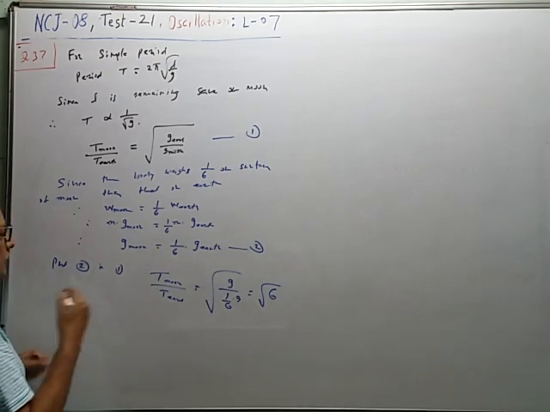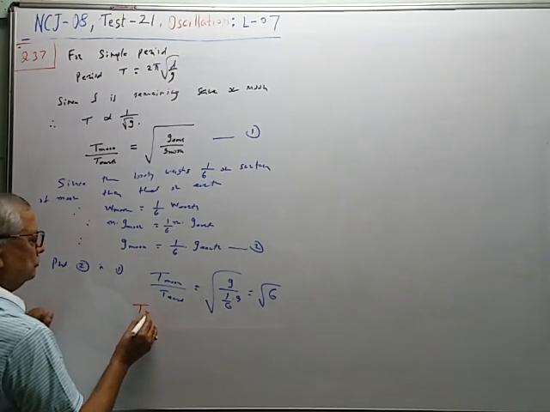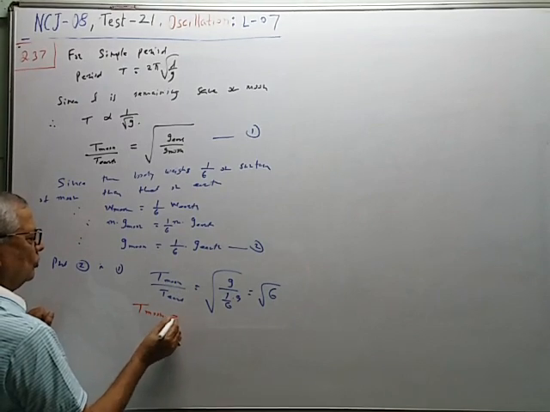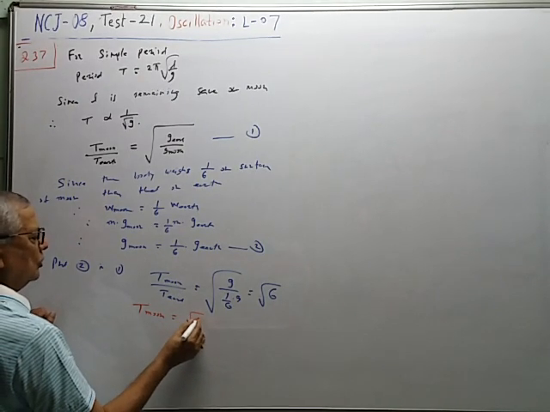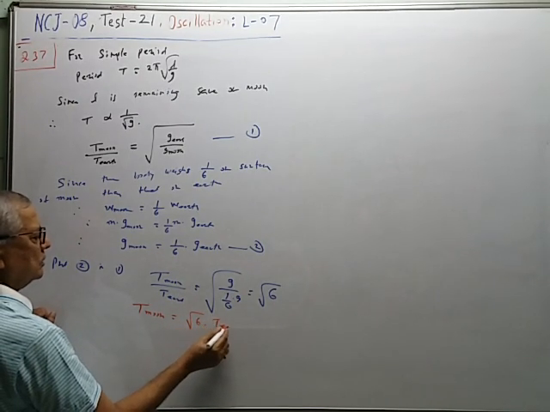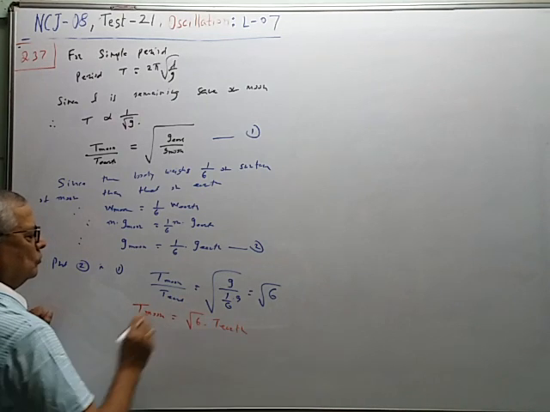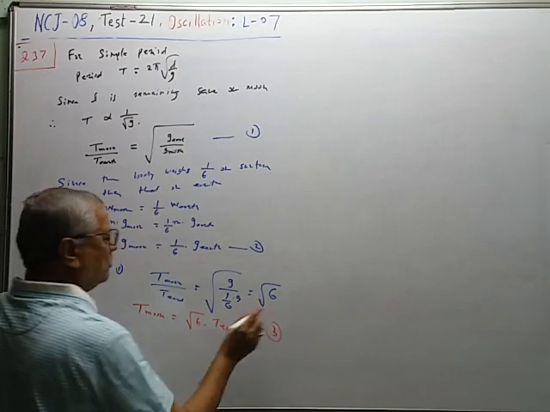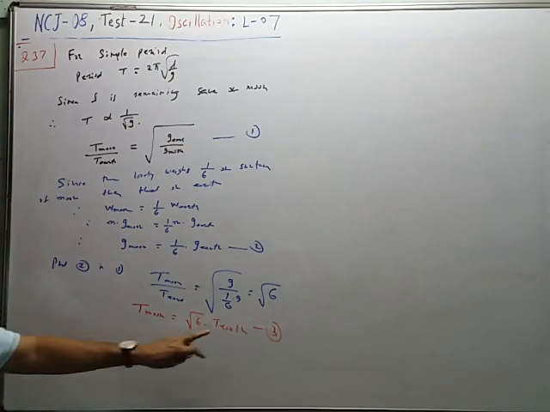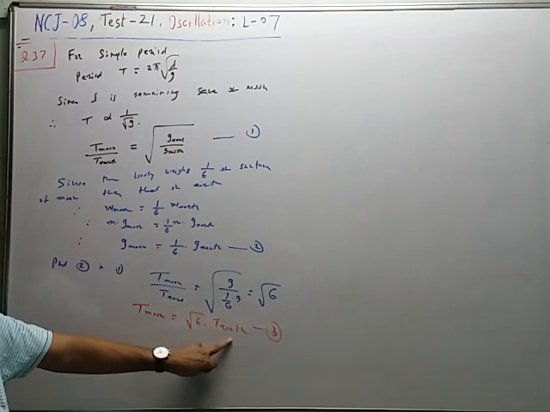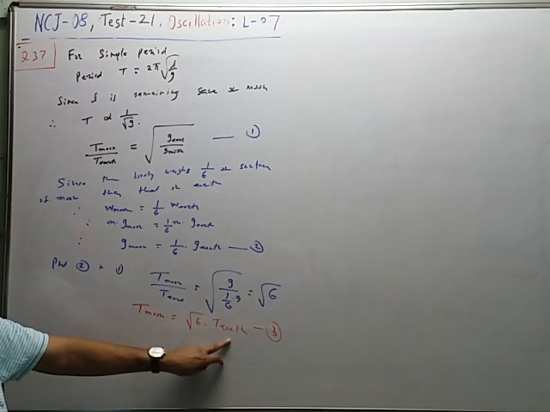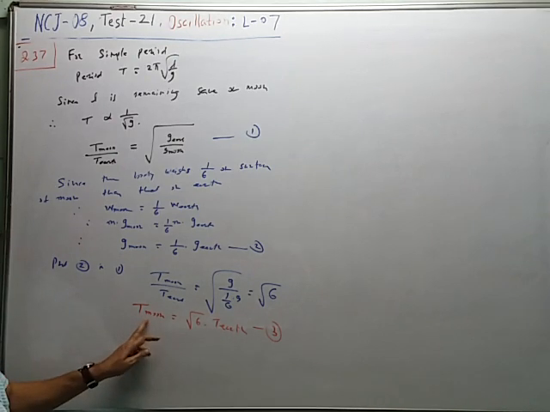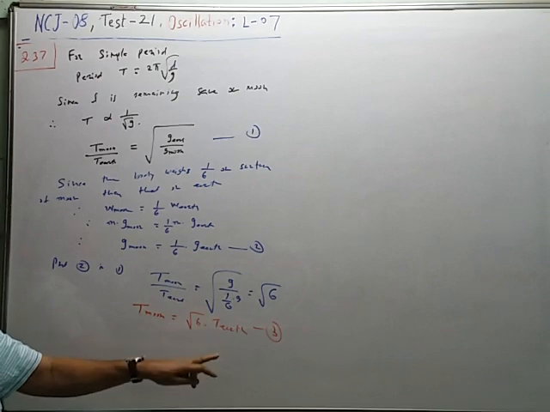So T moon is equal to root of 6 times T earth. This is equation 3. So on earth the clock will tick 60 times in 1 minute. On the surface of moon it will tick root 6 times 60.